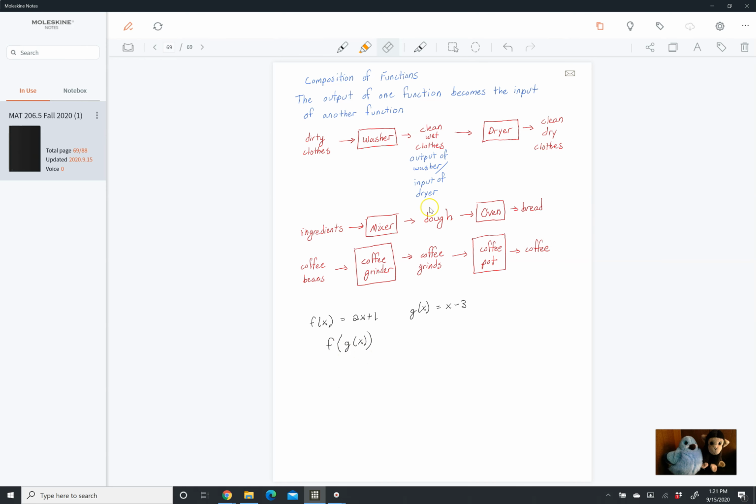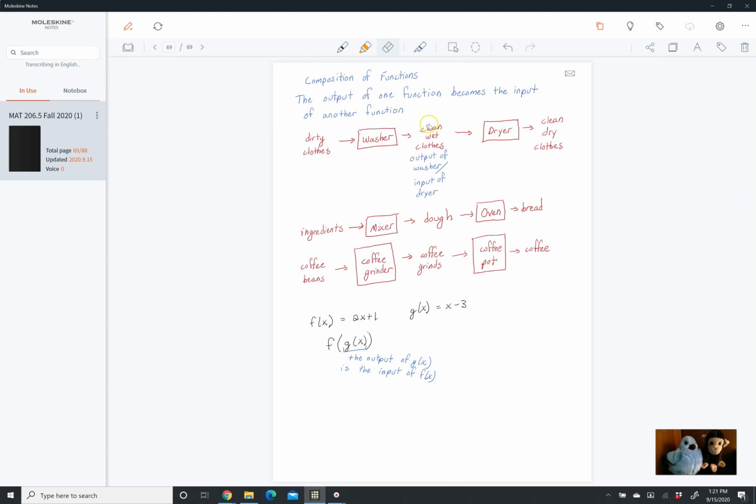What goes inside the parentheses is your input. So what we're saying here is the output of g of x is the input of f. That's what we've done. The output of g becomes the input of f.